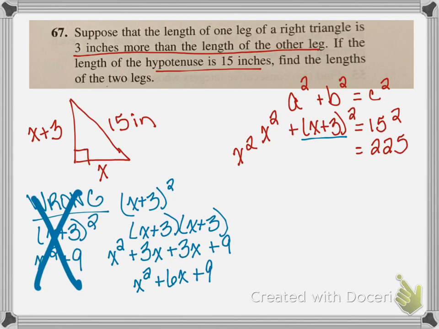Okay, so now I can plug that in right here. Remember, I've got to get to ax squared plus bx plus c equals 0. That's what I've got to get to.